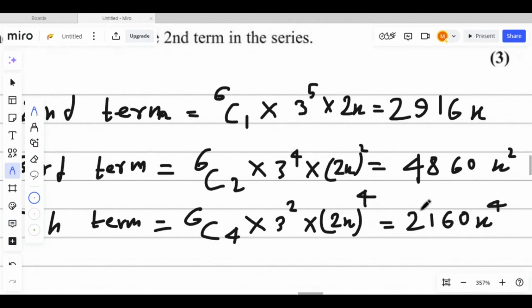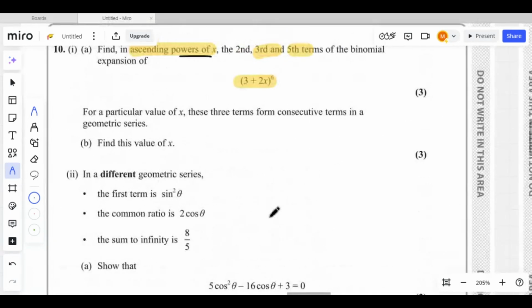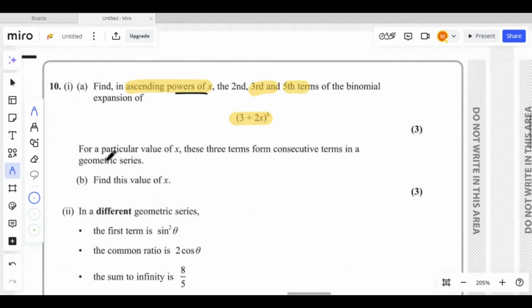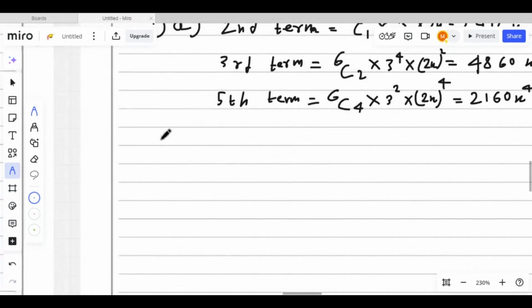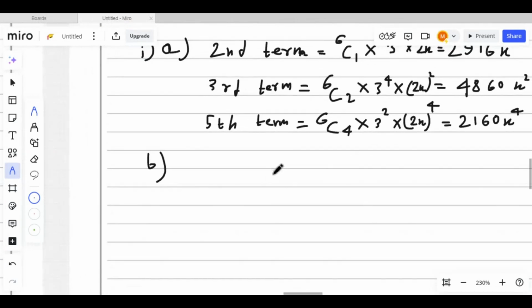That's it. For a particular value of x, these three terms form consecutive terms in a geometric series. Find this value of x. Okay. For a geometric series, there should be a common ratio.